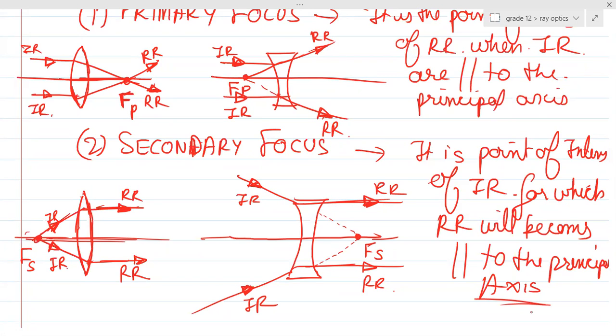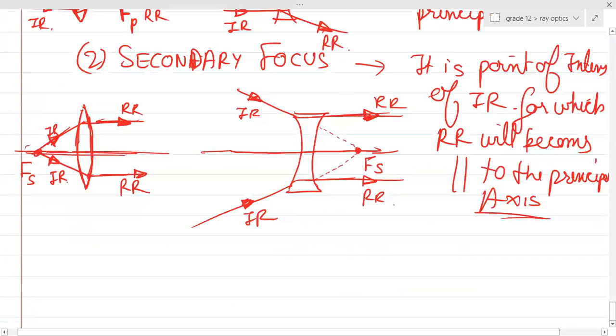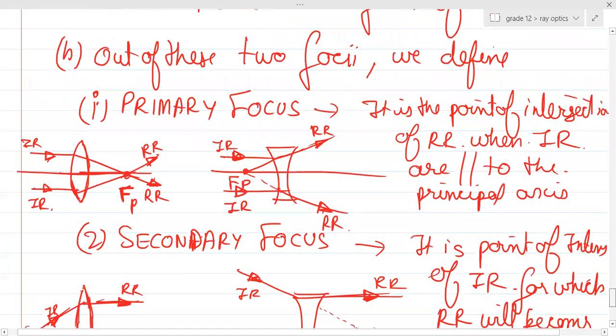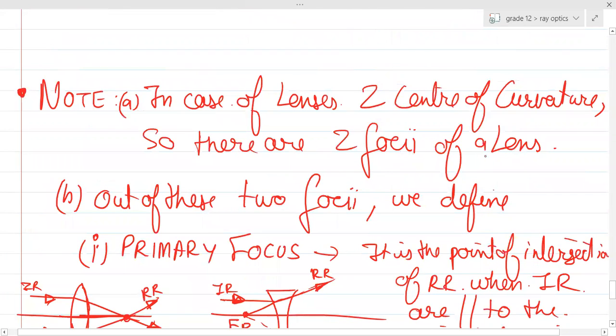Anyways, always remember, note the first point, I think the definition is clear, right? First point, there are two centers of curvature, so there are two foci of lenses. Please remember, don't say, sir, if the radii are different, the focuses will also be at different positions.